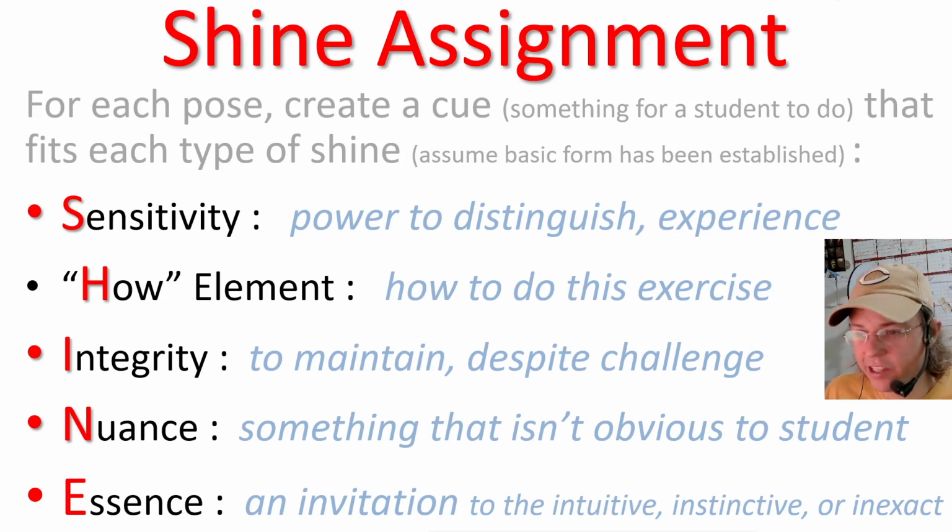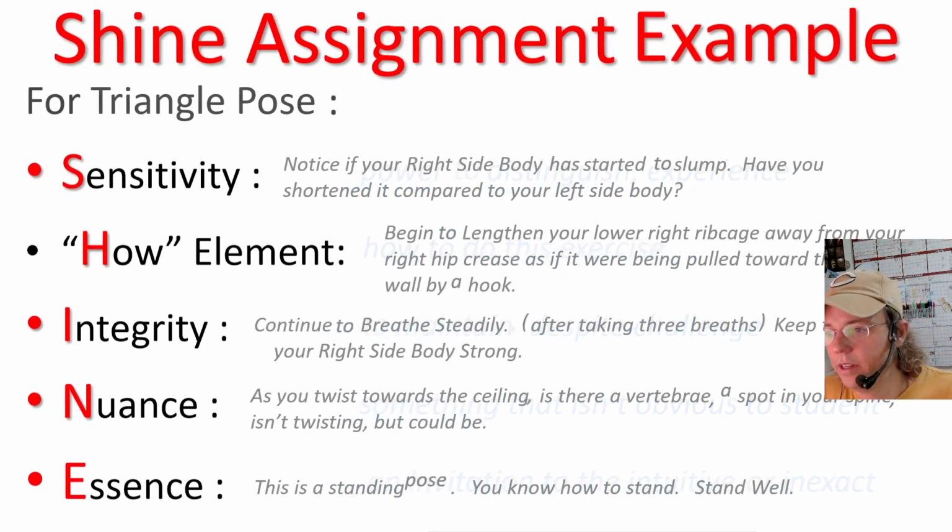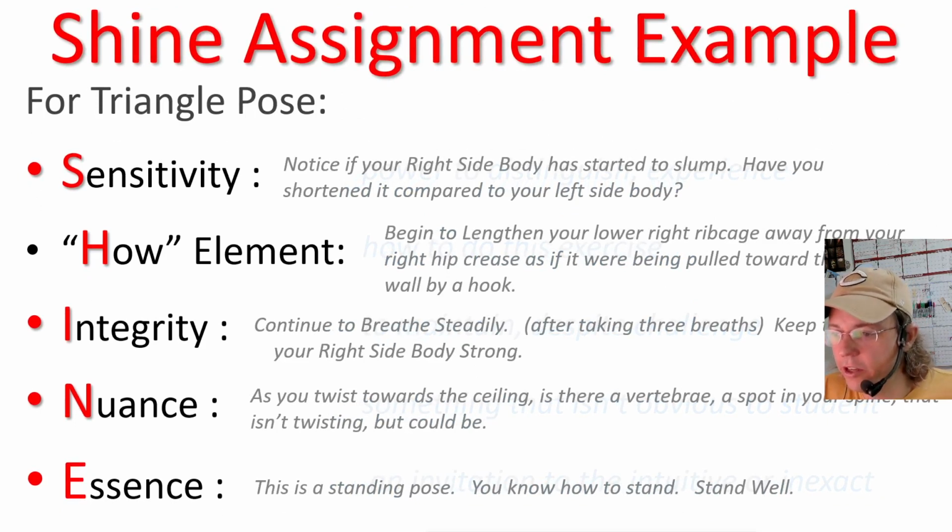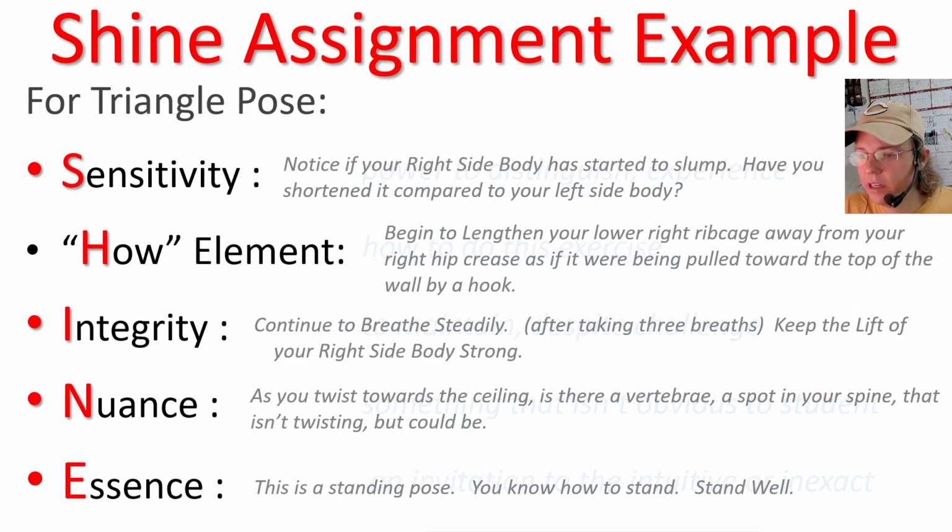And so with this assignment, I give the example of triangle pose. So all I'm doing here is I'm coming up with something about triangle pose that I could communicate that fits each of these categories.